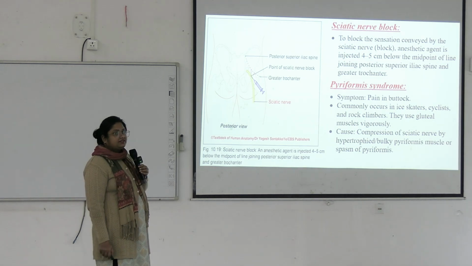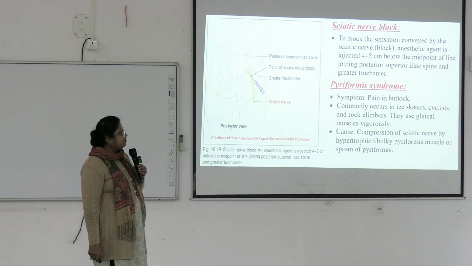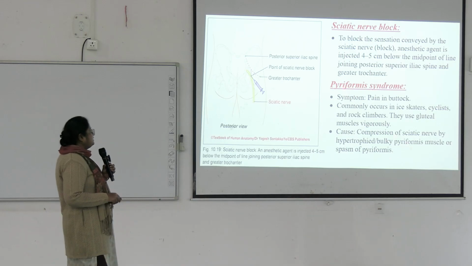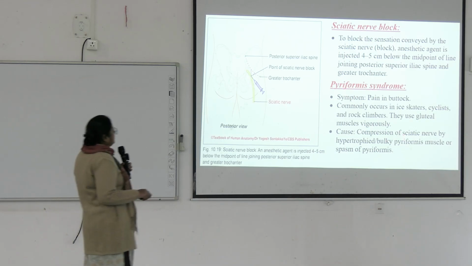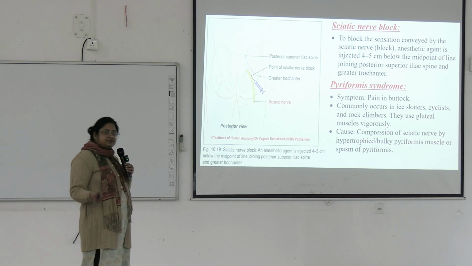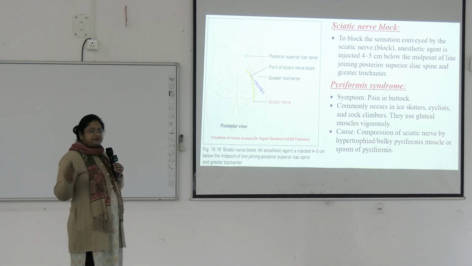Piriformis syndrome is mainly compression of the sciatic nerve, due to a hypertrophied or bulky piriformis muscle or due to spasm of the muscle.